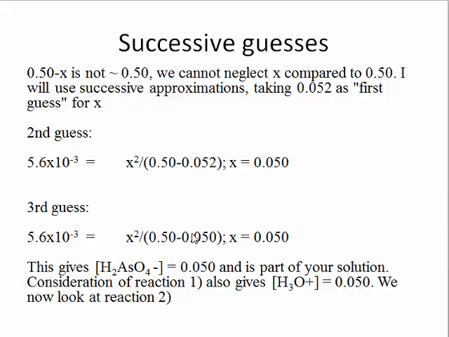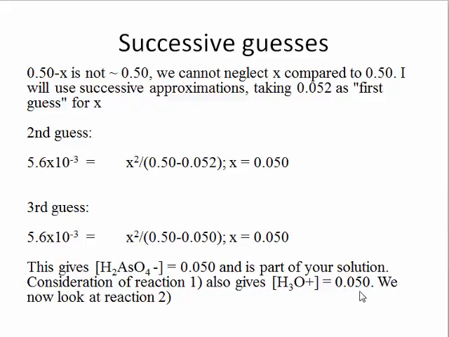Reinsertion of that into the ice table produces the same value of x on the third calculation. This gives H2AsO4 minus is 0.050, and this will be part of our solution. We also have established a hydronium or H plus concentration of 0.050.